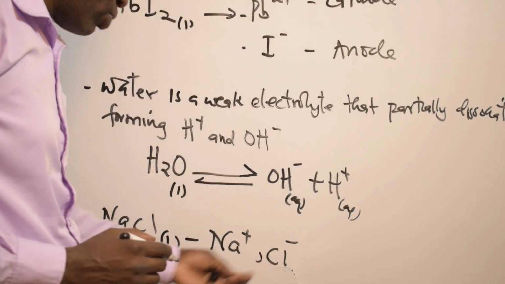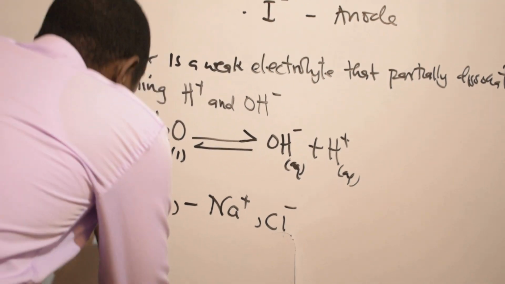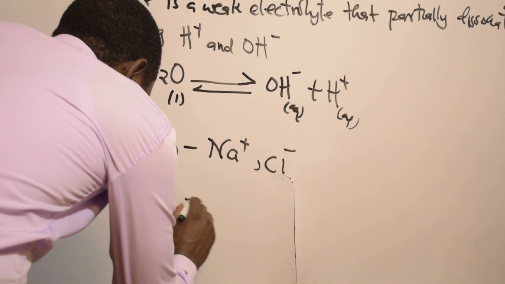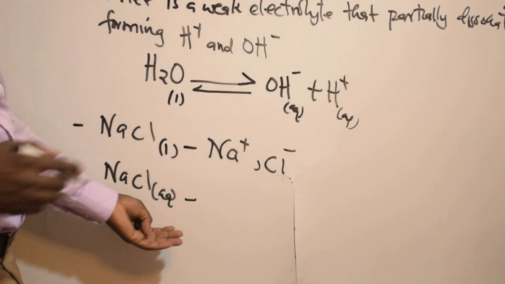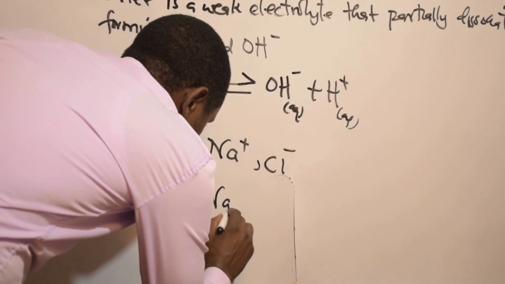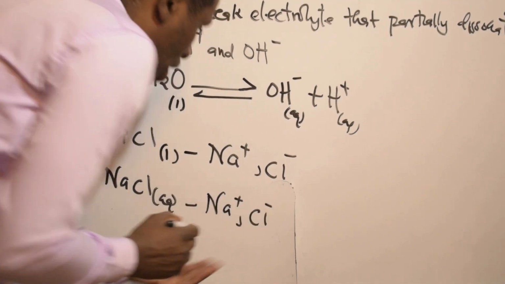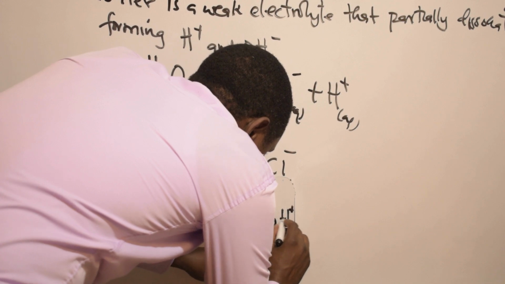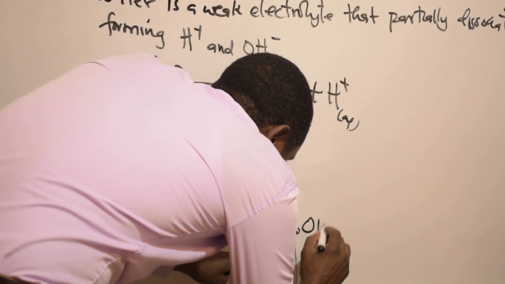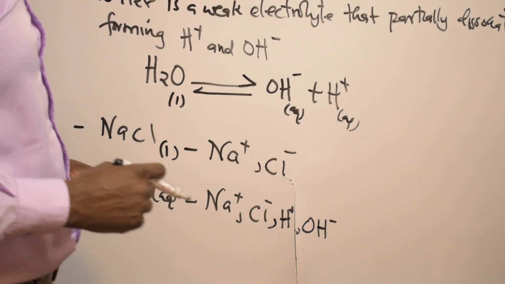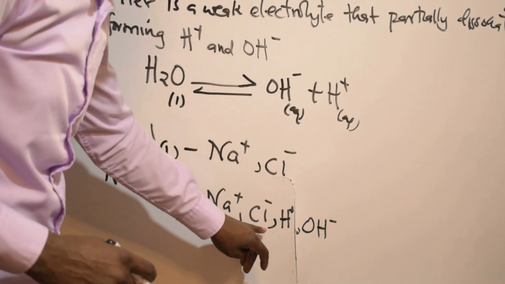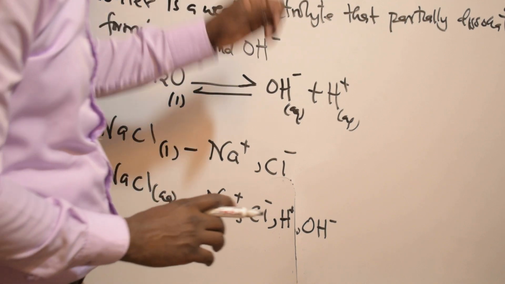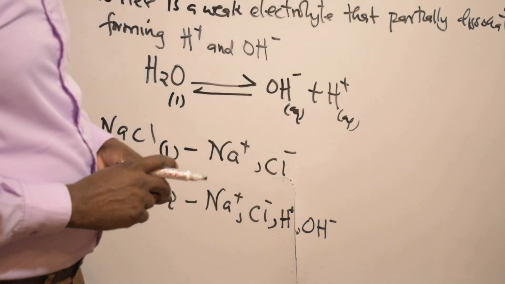But if I have sodium chloride in aqueous state, in other words, sodium chloride solution, I'm going to have sodium ions, chloride ions, hydrogen ions, and hydroxide ions. That's basically what I'm talking about.